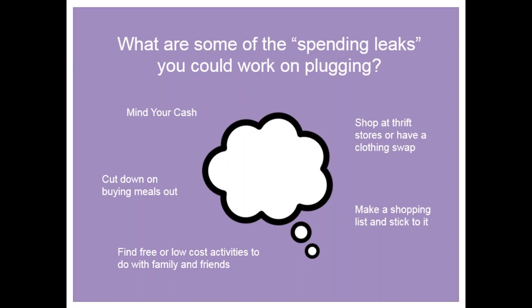And I hear Uber Eats is becoming a money pitfall. Eating out less for lunch at work, definitely. Cutting out junk food. Shopping, buying lunch at work. Cut down on buying meals out.